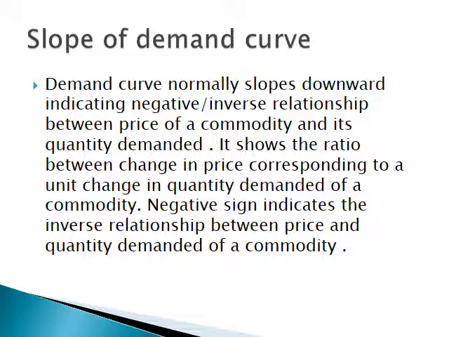Slope of demand curve is estimated as minus ΔP upon ΔQ. It shows the ratio between change in price corresponding to a unit change in quantity demanded of a commodity. Negative sign indicates the inverse relationship between price and quantity demanded of a commodity.